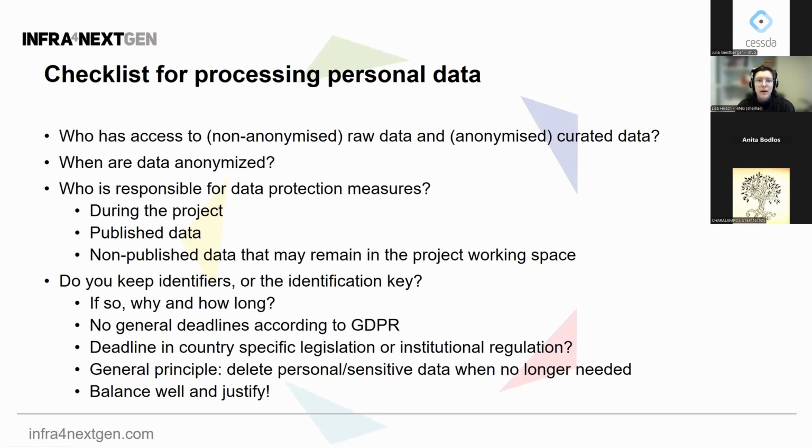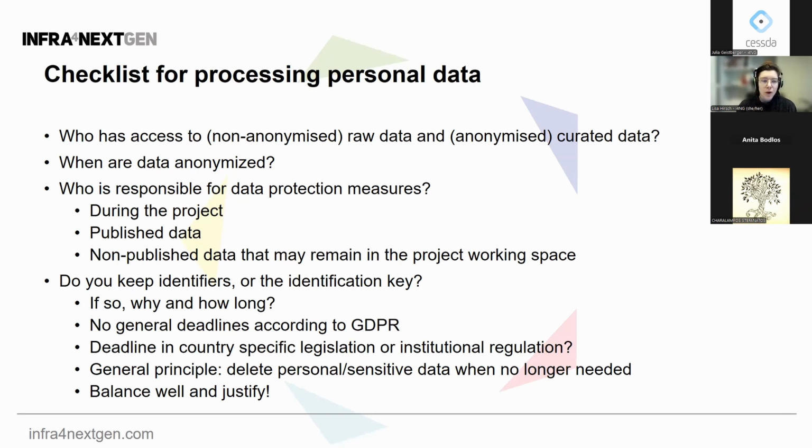And when you have consent and process personal data, this is a very useful checklist to use as well. So these are also questions that you might need to answer if you're writing a data management plan, actually.